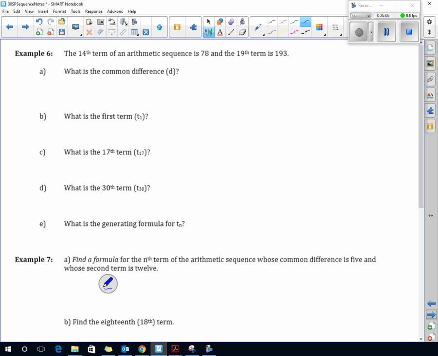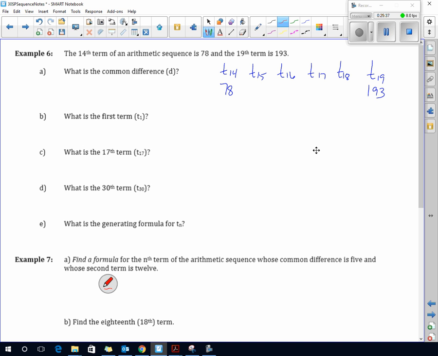So does everybody see, this is term 14, then you have term 15, term 16, term 17, term 18, term 19, right? And this was 78, and this was 193. So just to show you algebraically what Dylan did, essentially he made this new term 1, and this would be now 2, 3, 4, 5, 6, term 6.